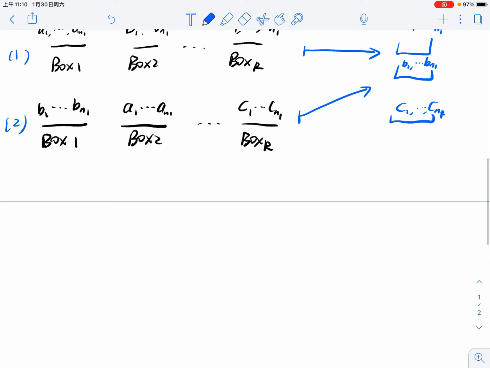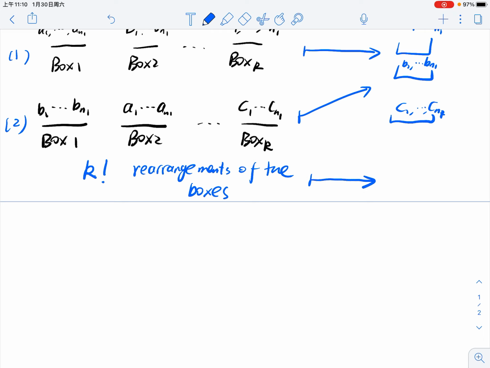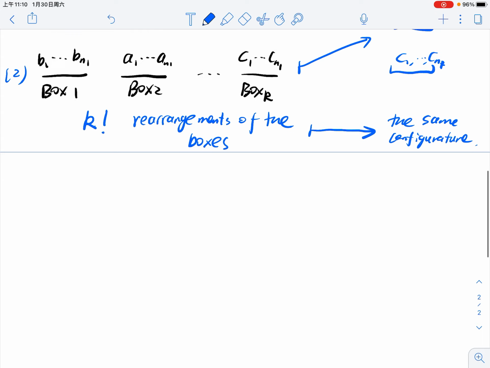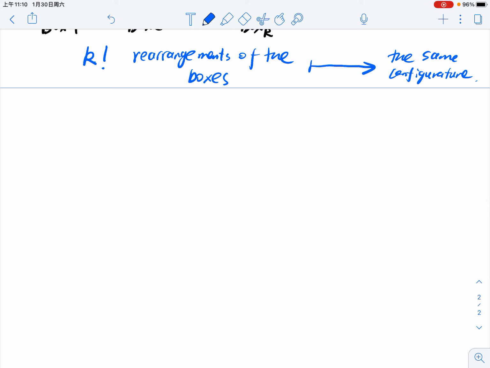So totally you have k factorial rearrangements of the boxes, which all map to the same configuration in the sense of the second case. That's the reason why we have an extra k factorial in the denominator in the second case.